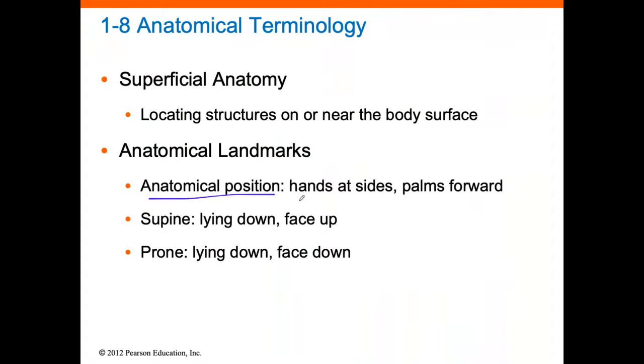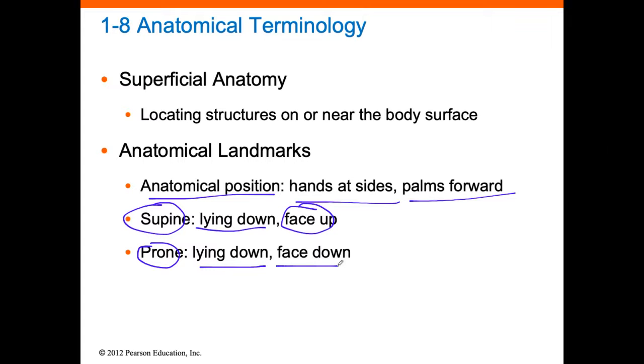In that anatomical position, remember her hands were at her side and the palms were facing forward, feet flat on the floor. Now there's other terms called supine or prone. Supine and prone, these are both lying down, but supine is when you're face up and prone is when you're face down.